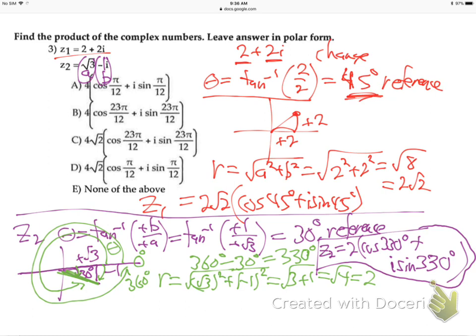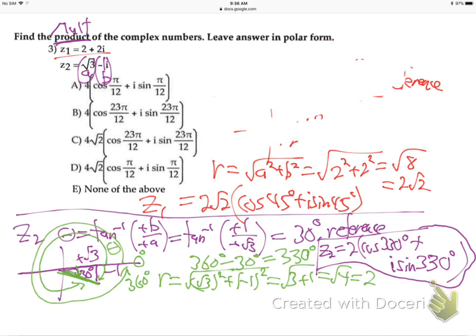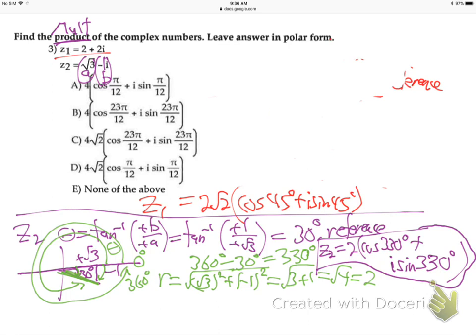Now that we have the Z1 and the Z2, we can do what this was all meant to do, the product. What does product mean? Multiply. They want me to multiply these two. So really the hard work was all the converting stuff. Now it will be really easy to multiply them. So Z1 multiplied by Z2.